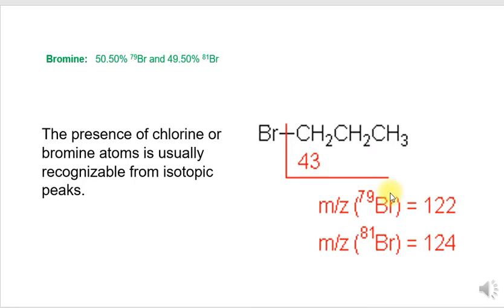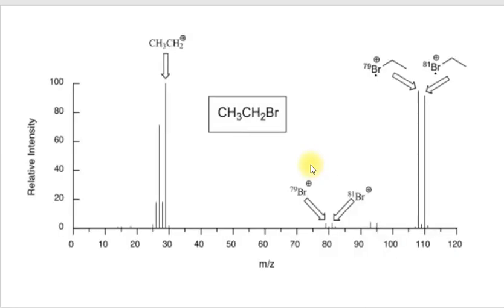So in this compound, ethyl bromide, here also you have the bromine isotopes. You have two isotopes, one is bromine 79 and one is bromine 81. When you take bromine 79, you get the M plus peak.